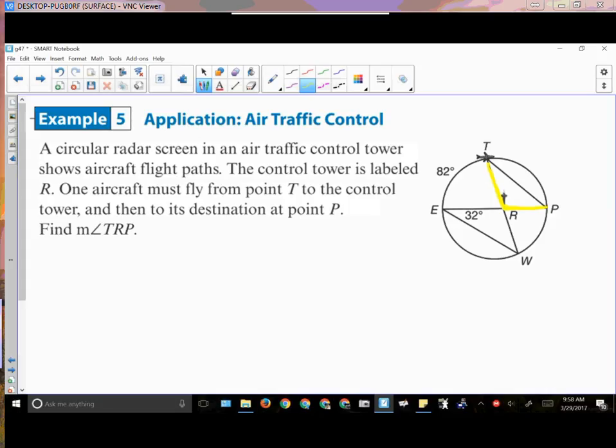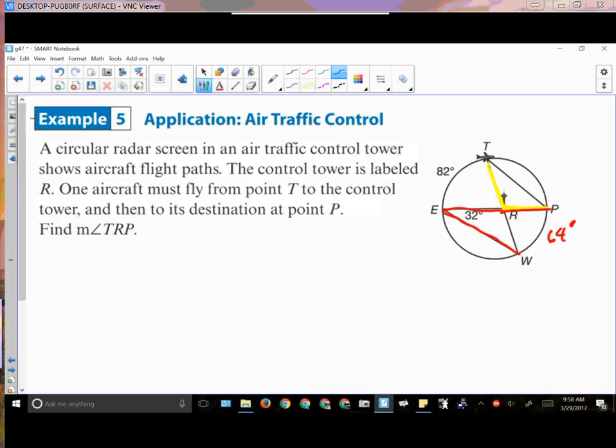If I take a look at this, I have an angle of 32 degrees that goes from here to here. So that gives me, and by the way, would this line continue all the way through? Yep. So how many degrees is this going to be over here? Okay, 64 degrees. I see that this here is 82 degrees up here.